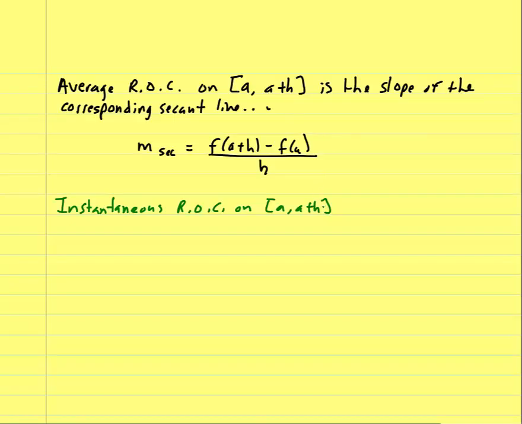So the slope of the tangent line would be the limit as h goes to 0, meaning we want to approach 0 units above A. So this would be f of a plus h minus f of a all over h.